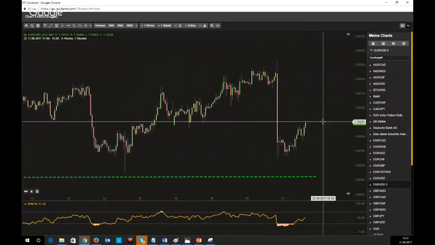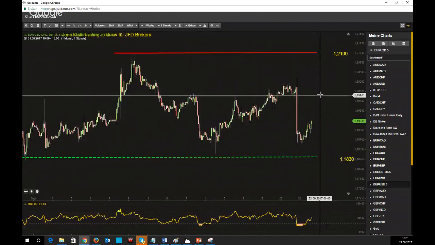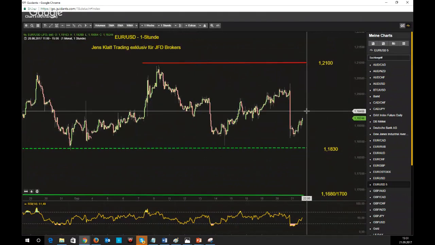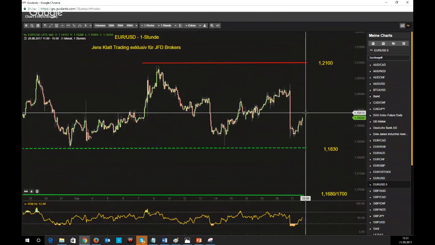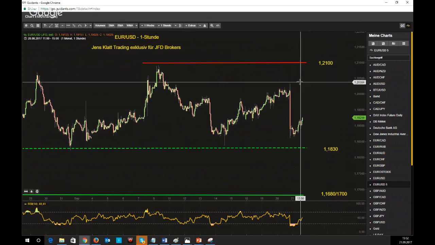I already deleted the setup here, but we are now pushing towards a potential short trigger around 119.30, 119.50, somewhere here. So I'm not even sure if I want to go short here today, but the thing is, somewhere in between here, 119.30 to 119.50, with a stop above the highs from yesterday.